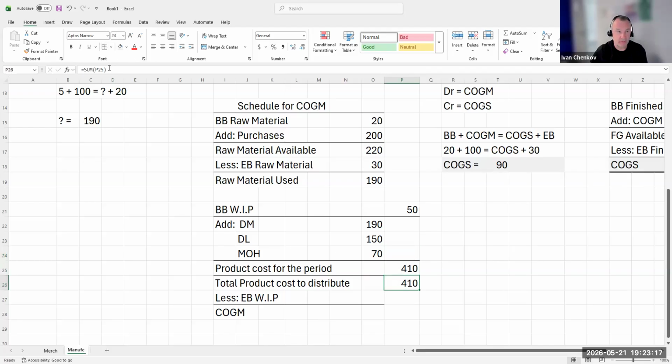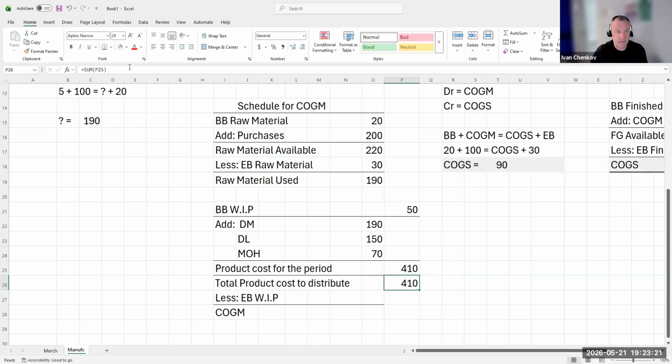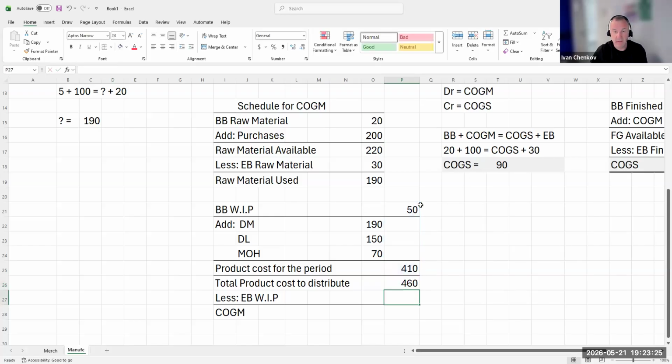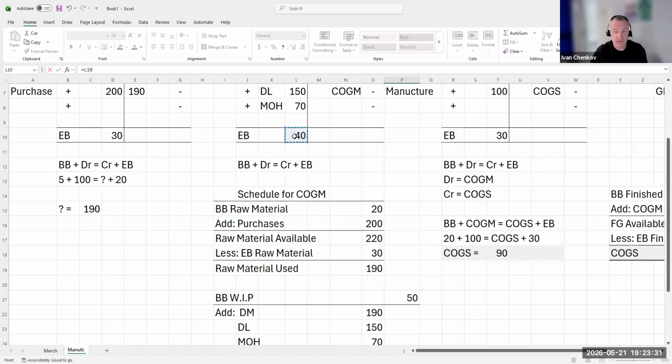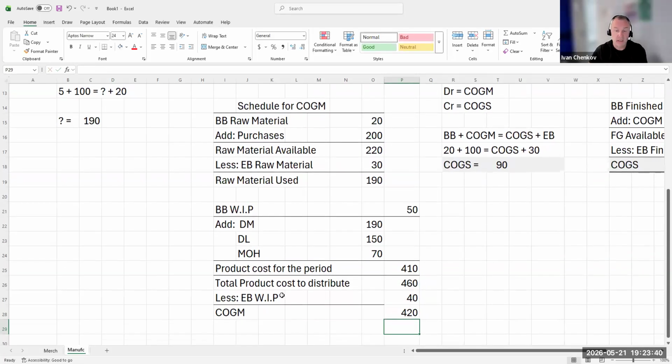Now I have to change the formula here because it doesn't include everything. Let's change this formula like this. Now I have product cost to distribute of 460. Then we're going to deduct the ending balance, which is 40, and it's going to give me the cost of goods manufactured, which will be the total product cost less the ending balance, $420.